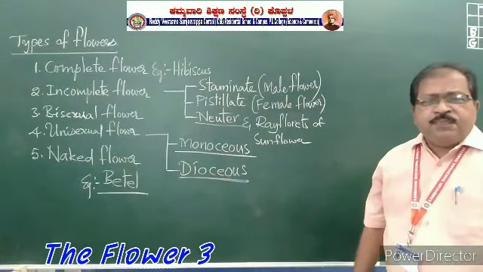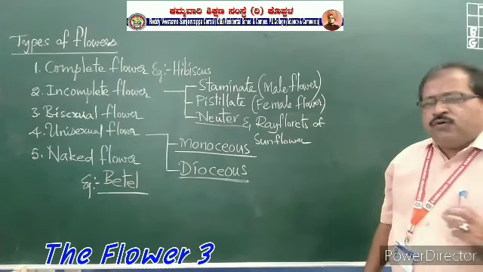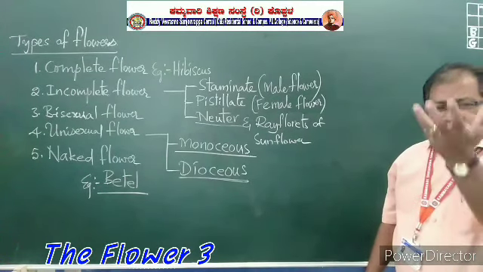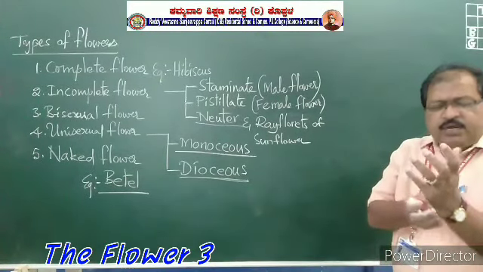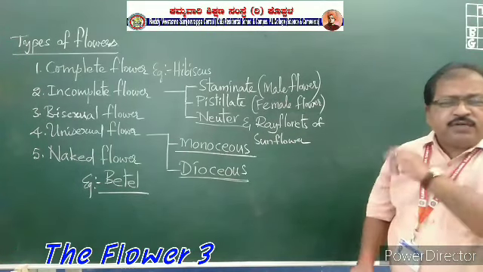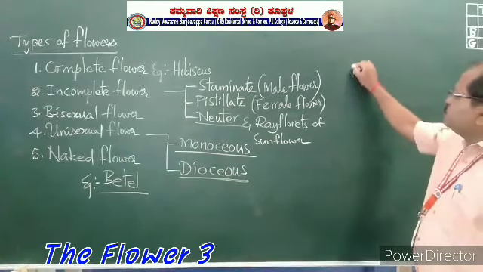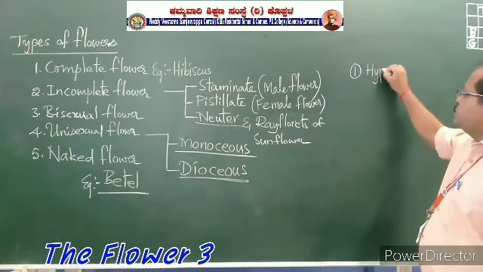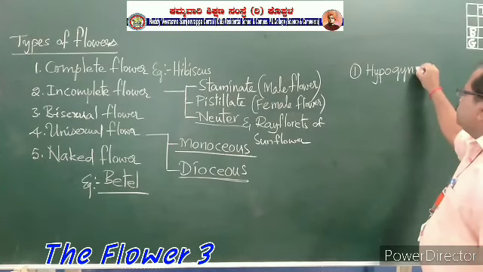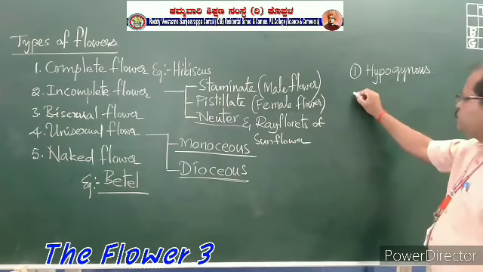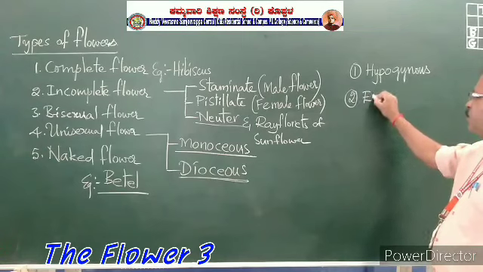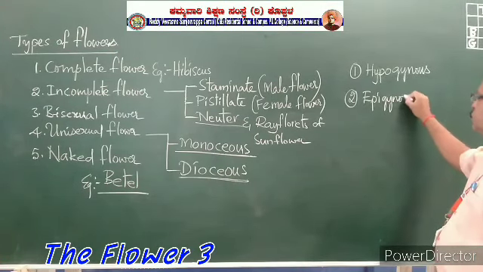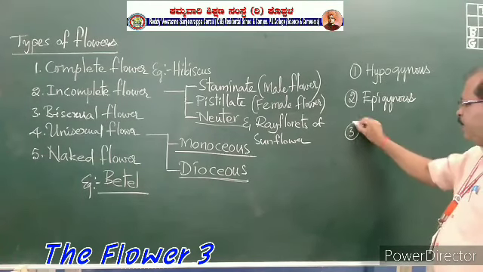And now let us see, based on the arrangement of the floral parts, and once again especially the position of the ovary, the flowers are of three types: hypogynous flower, epigynous flower, perigynous flower.